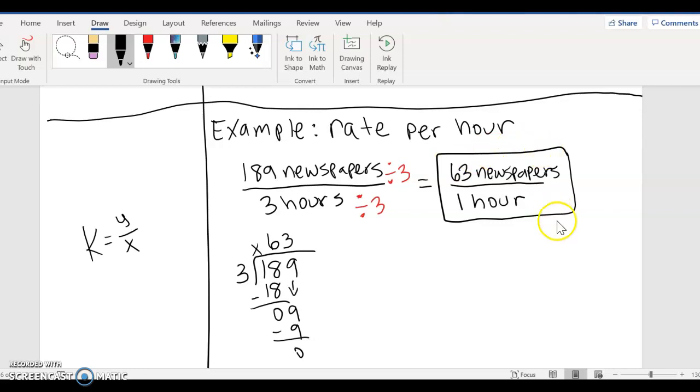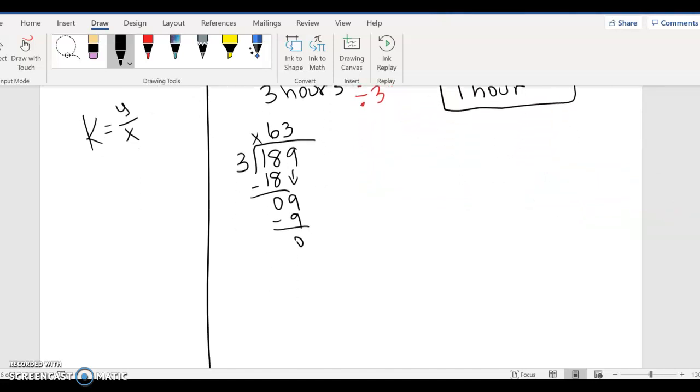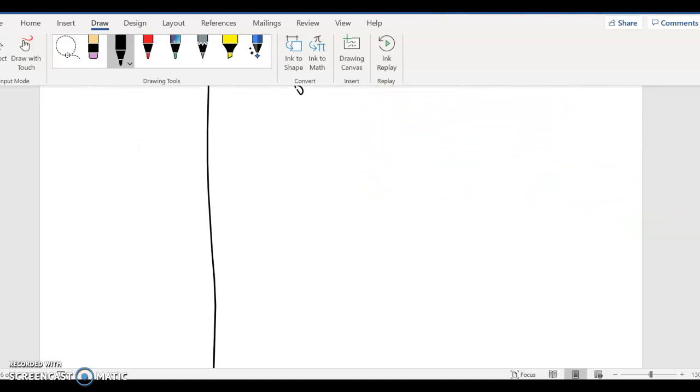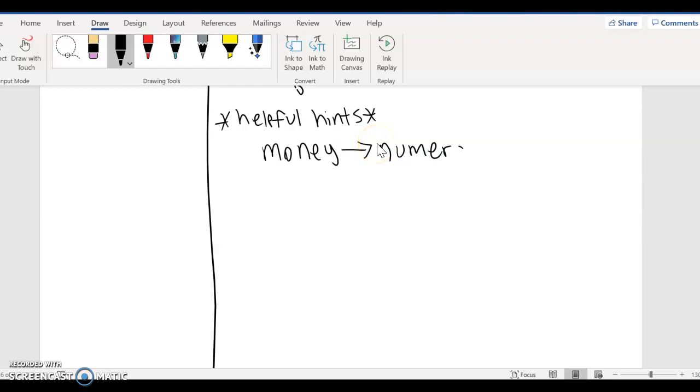Okay? So before we get into our next example, we're going to write down some helpful hints that will help you going further, knowing what is the x value, what is the y value, and how do I set this information up. One helpful hint is anytime we have an amount of money in our problem, that is always going to be our numerator.